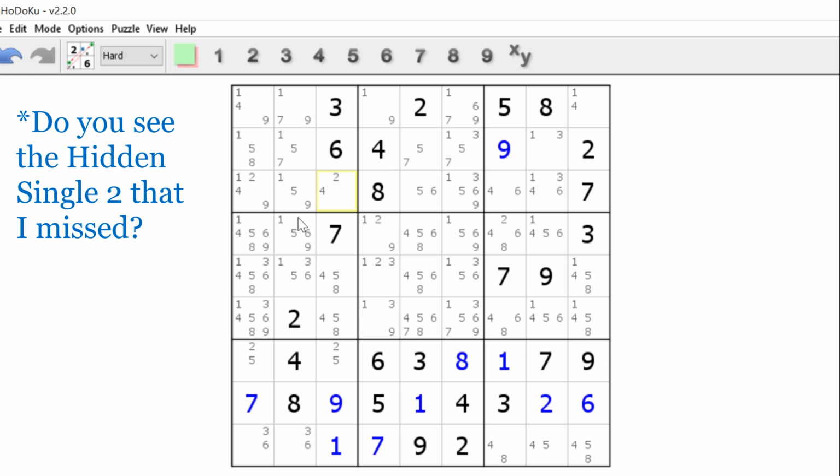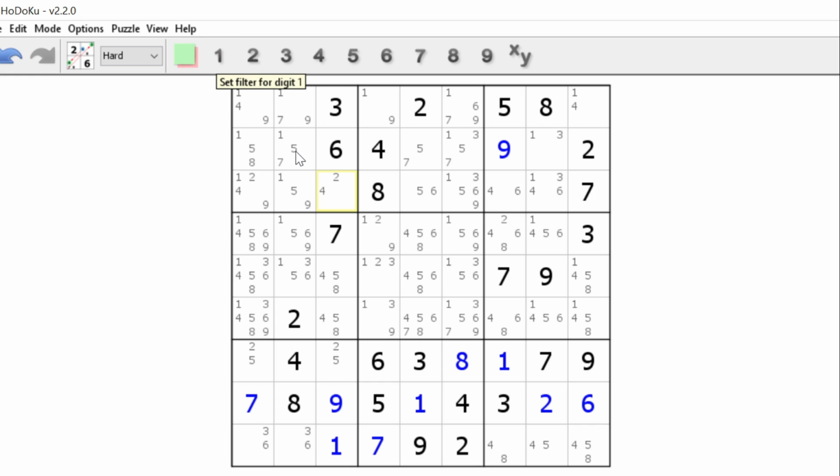All right, moving on. I'll look here first to see if there are any other hidden singles. So we have a 6 there. We have an 8 here.